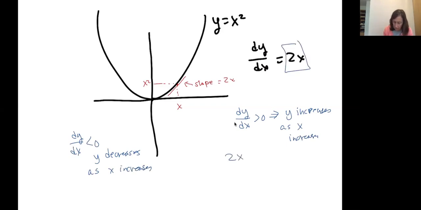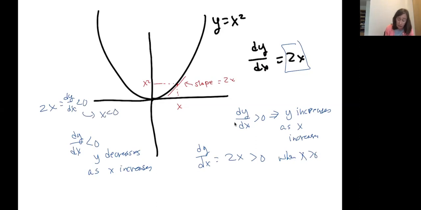For the specific function, the derivative dy dx equals 2x is greater than 0 when x is greater than 0, and the derivative 2x is less than 0 when x is less than 0. And we totally see that in the picture.